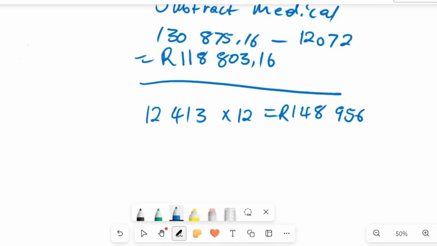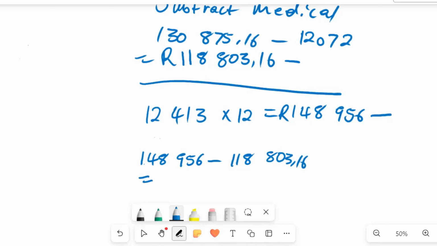And then now let us subtract the tax we have calculated from this. That will be 148,956 minus 118,803.16.